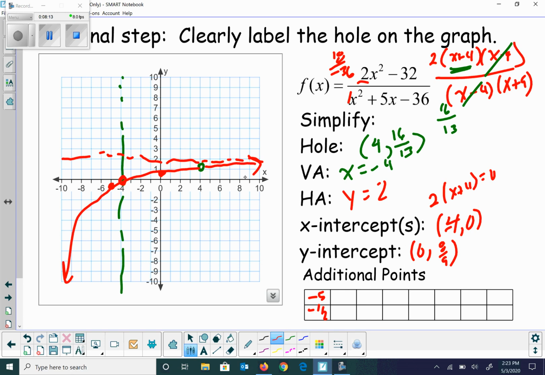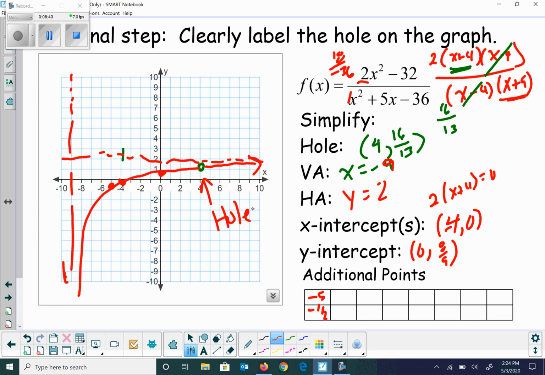Oh, you know what? I know where we made a mistake. My vertical asymptote should have been at -9. Sorry about that. So this was not here. That makes me feel a lot better about what this looks like. -9, so we go down this way. There's my vertical asymptote, so this would have done this, where you have the hole right there.